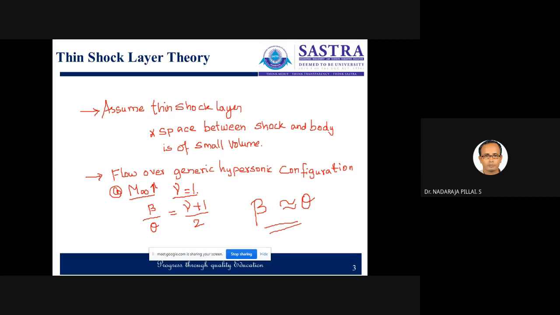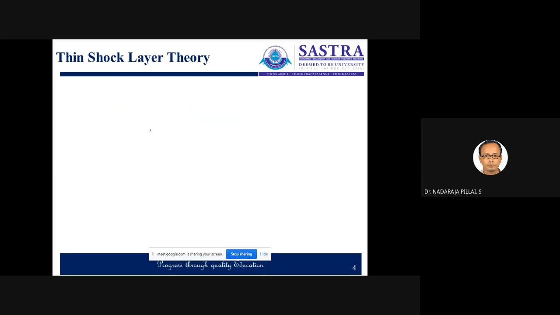This is applicable only by considering that the Mach number M infinity is hypersonic and very high, and also the assumption of gamma equal to 1. For such high Mach number, within the shock layer we will have the same equation for the shock, the body, and any other streamline. It is valid because, in our case, we consider beta almost equal to theta.